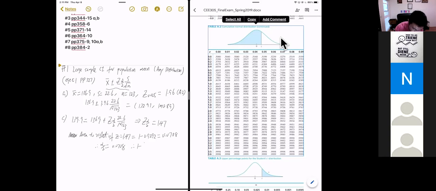So 1 minus alpha, which is the confidence level, is 1 minus 2 times half alpha, which is around 86%.